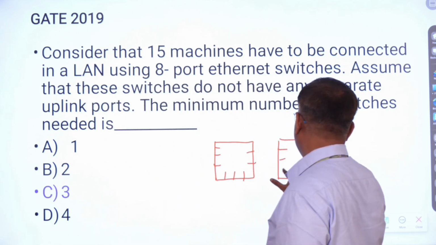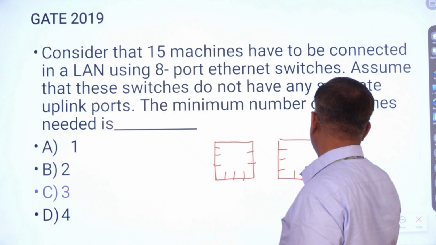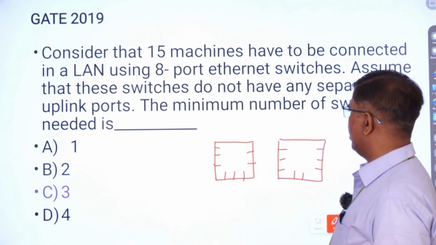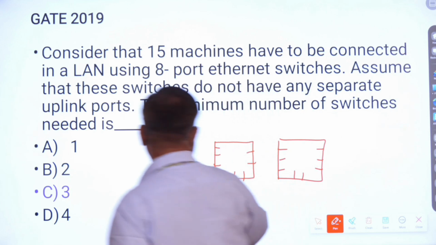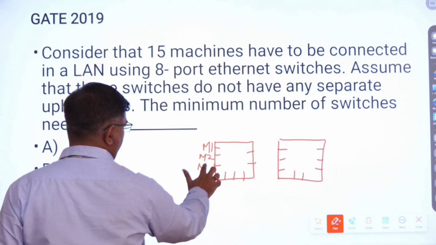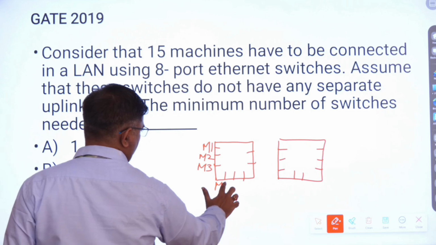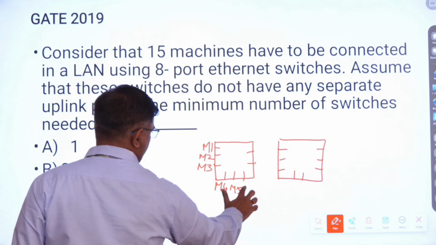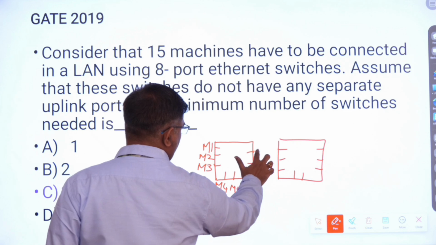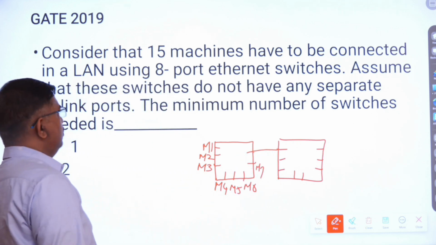Here, how many machines? 15 machines are there. So it will be connected like this: M1, M2, M3, M4, M5, M6, M7. The last port will be used to connect with the other switch.